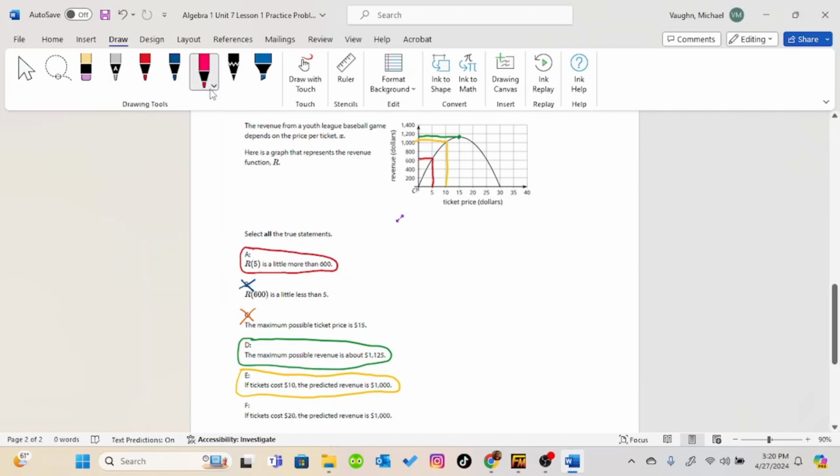And choice F, if tickets cost $20, the predicted revenue is $1,000. So we go over to a ticket price of $20. We go up until we hit the line. We look left, and we see that it is $1,000. So F is also a correct answer.